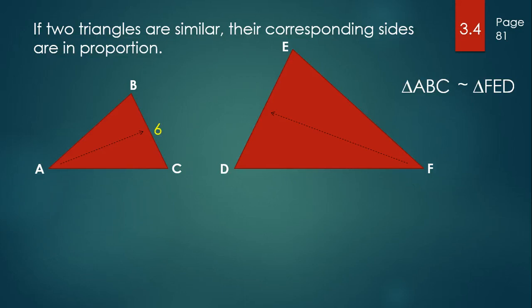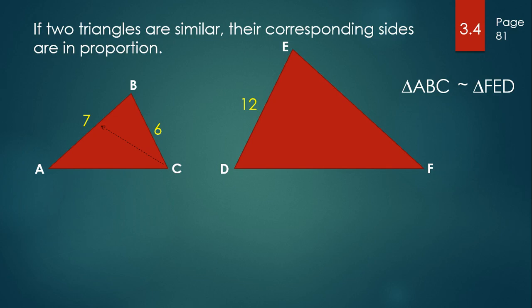So suppose I know that side BC measures 6 units and side ED measures 12 units. So I've just established a relationship between the corresponding sides. And with that, I can look for relationships between other corresponding sides.